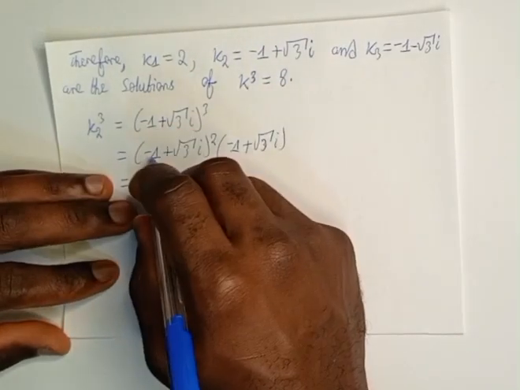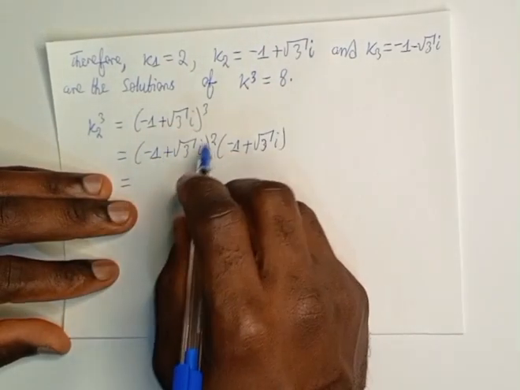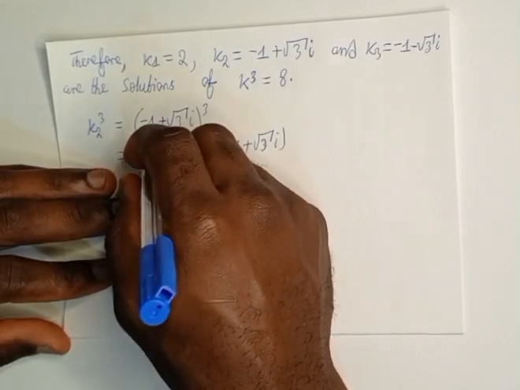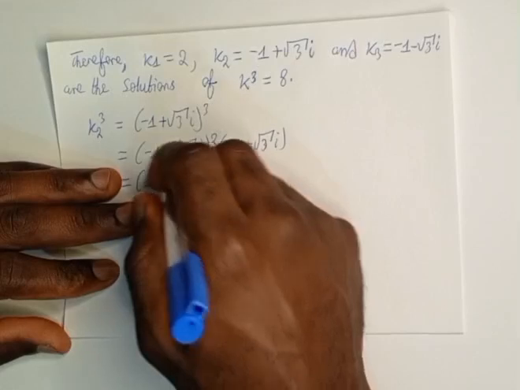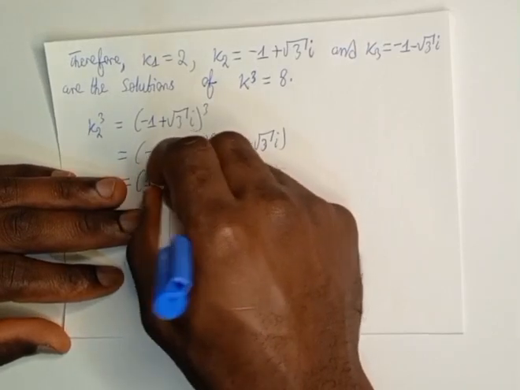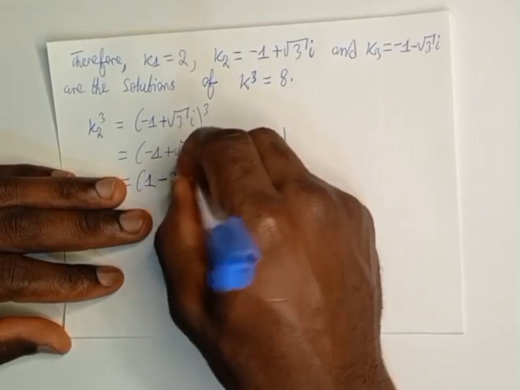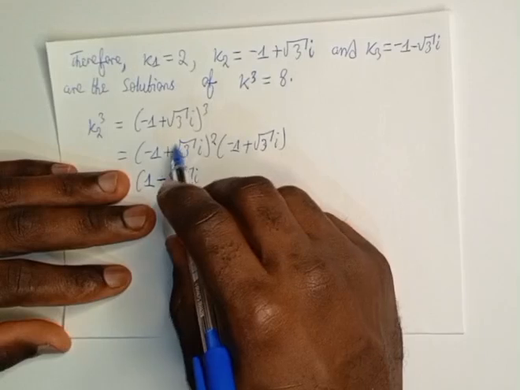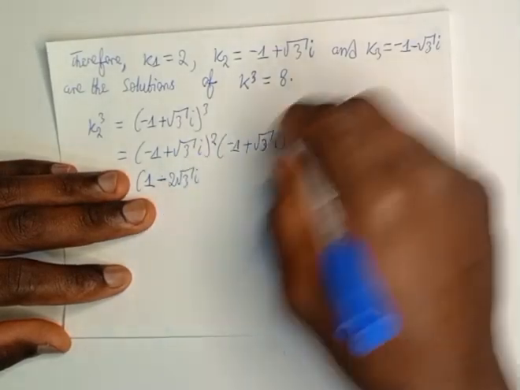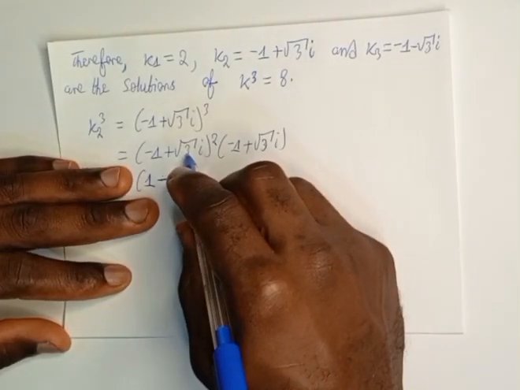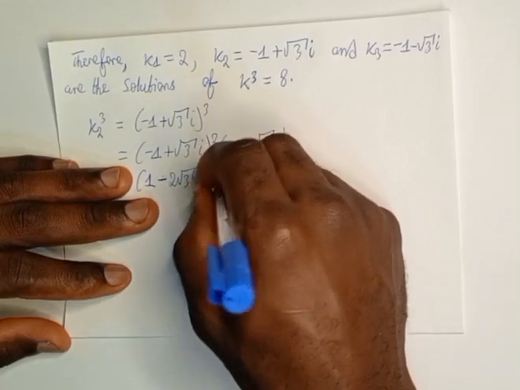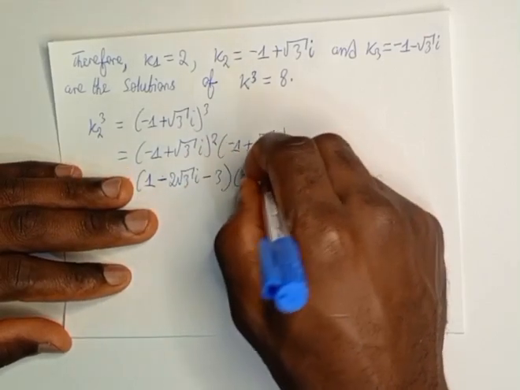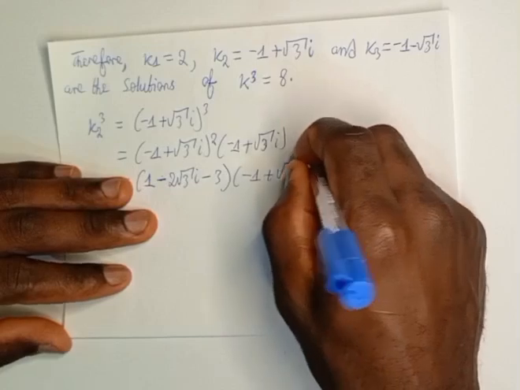Squaring negative 1 plus root 3i gives us negative 1 squared gives us 1, 2 times negative 1 times root 3i gives us minus 2 root 3i, squaring root 3i gives us root 3 squared gives us 3, i squared gives us negative 1, so minus 3, times negative 1 plus root 3i.